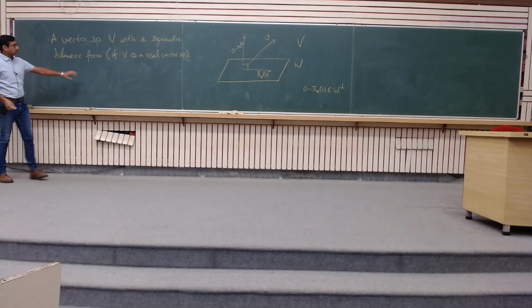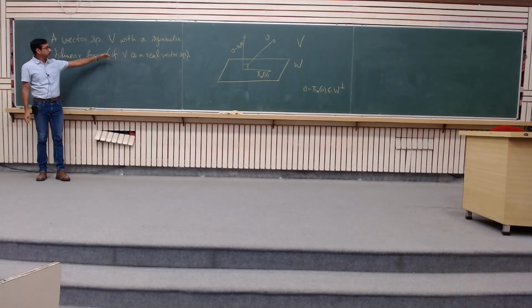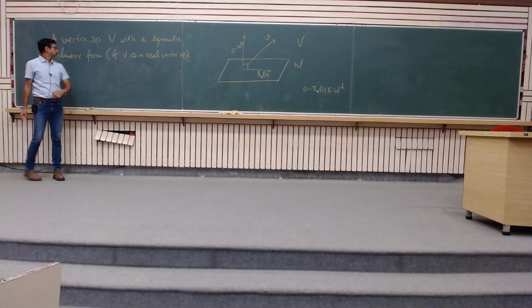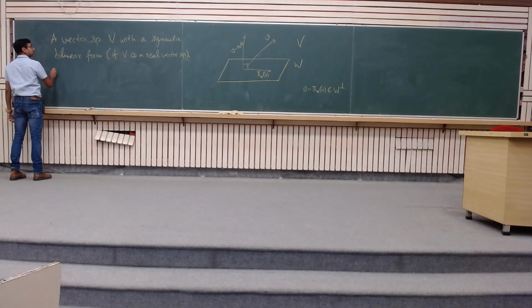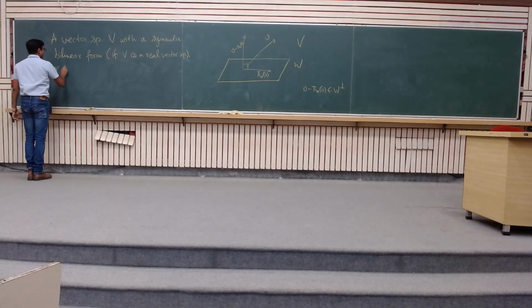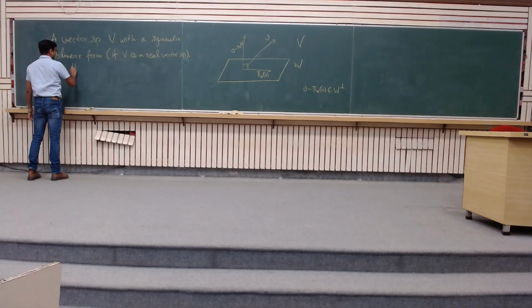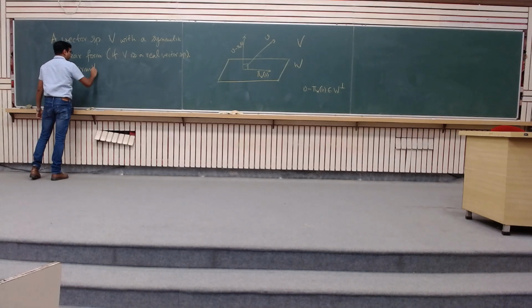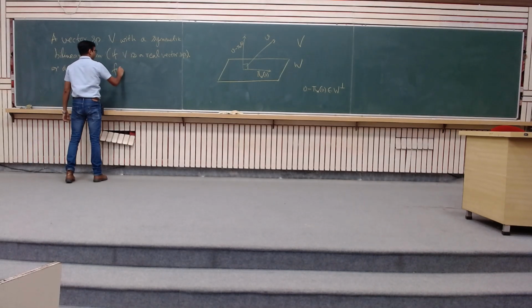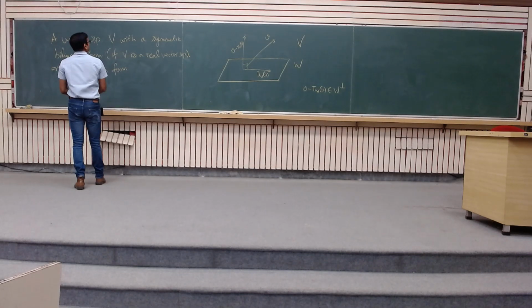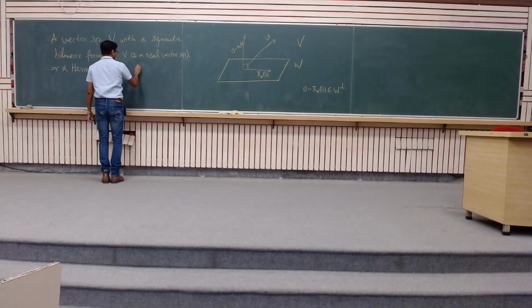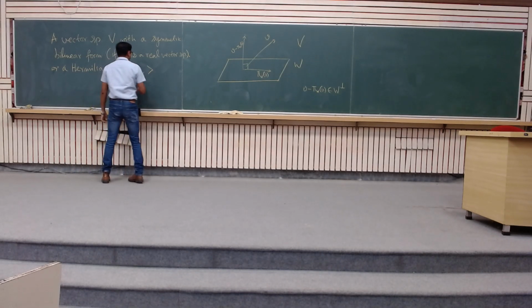In particular, when we take it over reals, we take a symmetric bilinear form, and otherwise a Hermitian form. This is given.